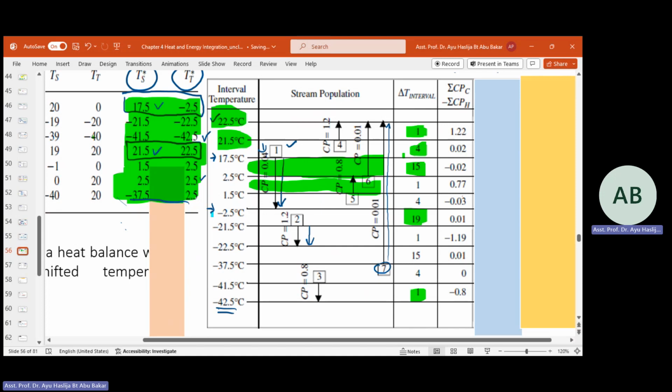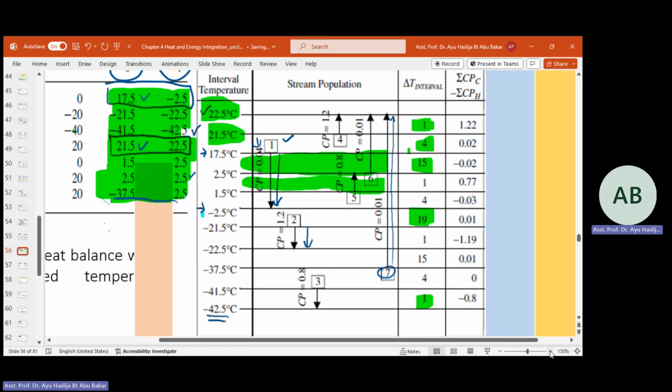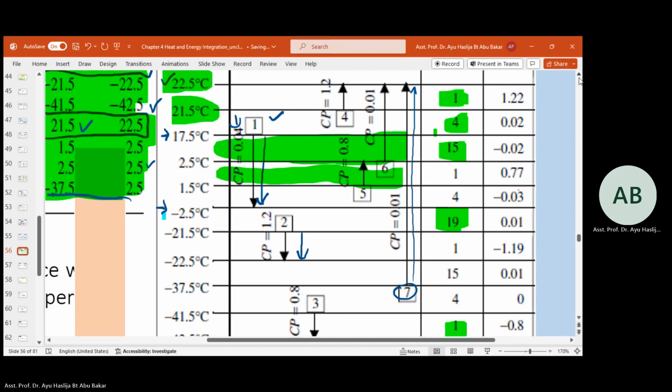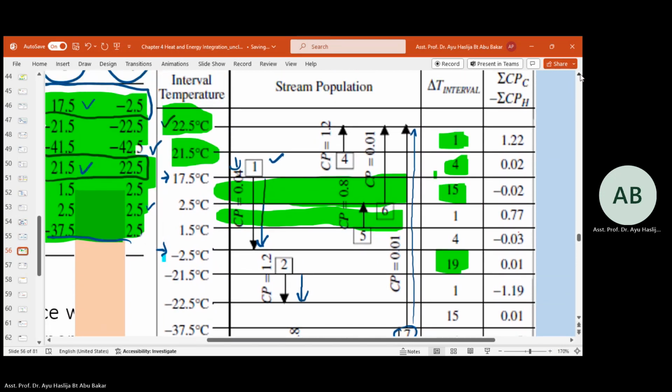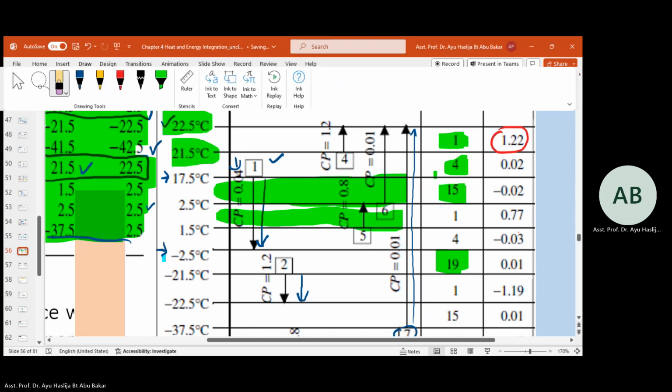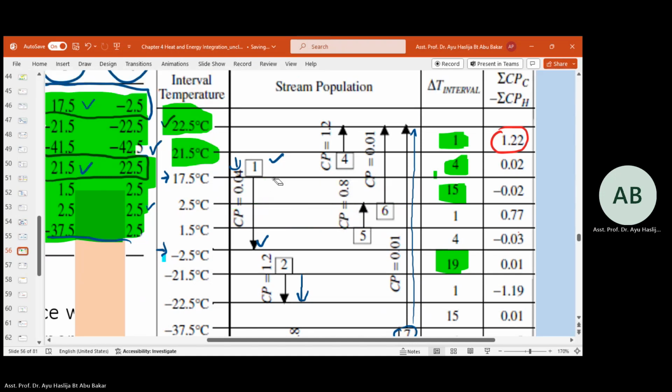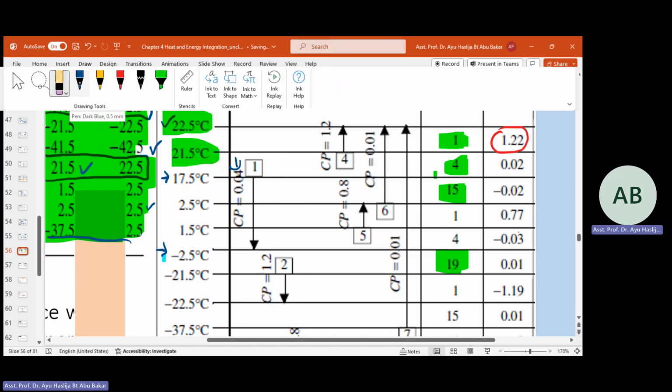Now CPC, I enlarge a bit. Okay, how do we get this 1.22? Total of CPC. CPC means the cold stream. Which one is the cold stream? Arrow going down or going up?